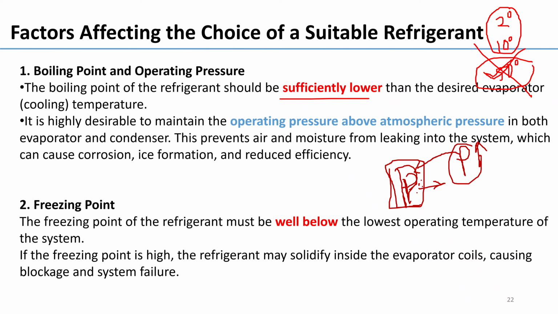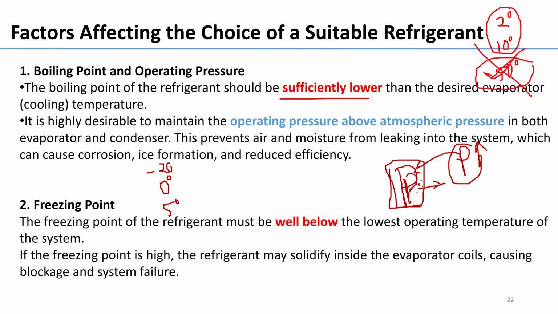So the next one is freezing point. Let's think about a scenario. For example, one refrigerant has a freezing point of 5 degrees Celsius, another refrigerant has a freezing point of 0 degrees Celsius, and another one has a freezing point of minus 20 degrees Celsius. Now which one will we select?